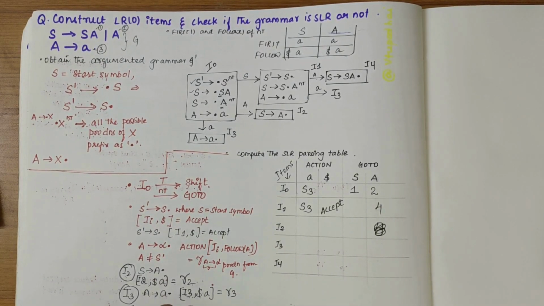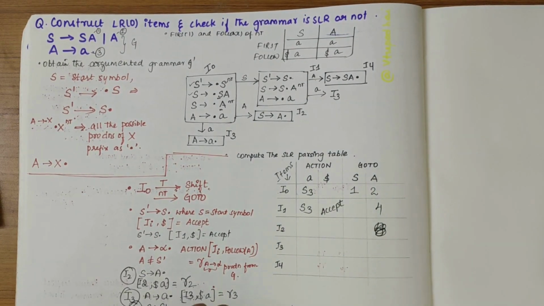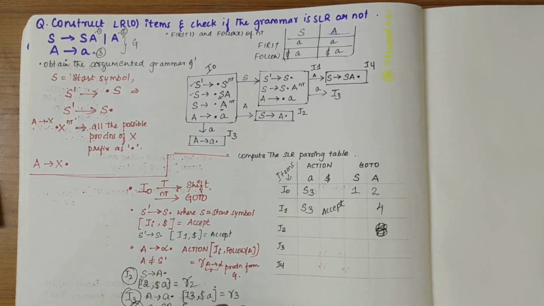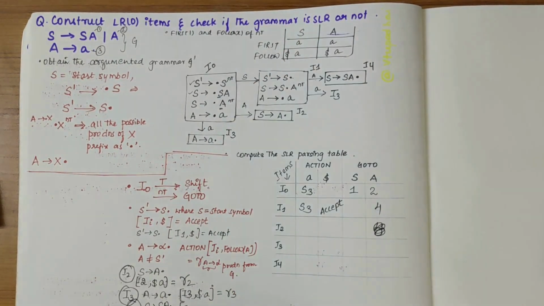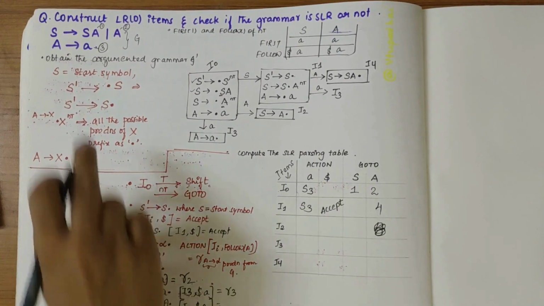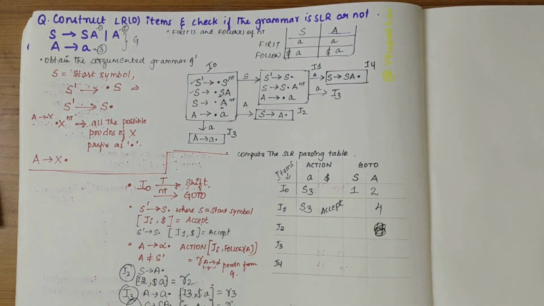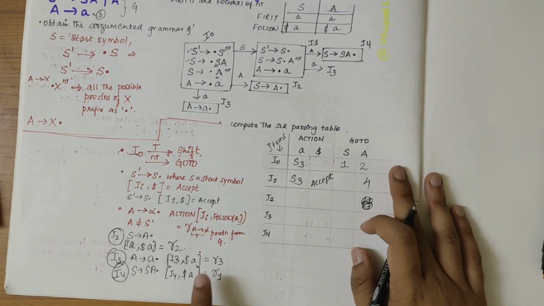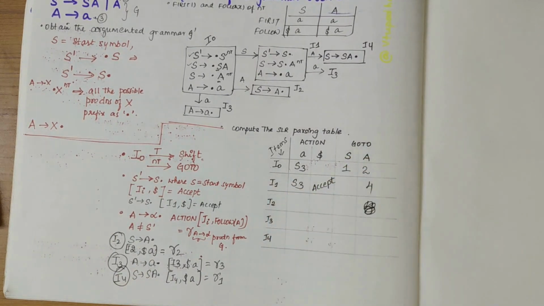Next, I have I4 here. So writing for I4, that is S derives SA dot. So first write I4 here, and follow of S. Follow of S, I have dollar and A, is equal to S derives SA. S derives SA is the first production, so write R1 here. So now that I have obtained the reduce parts, let's fill it in the table.